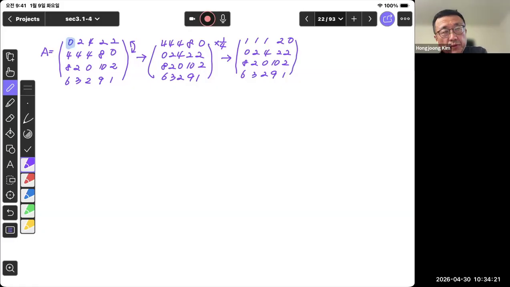Now, if I multiply negative 8 to the first row and add it to the third row, the other rows are not changed.